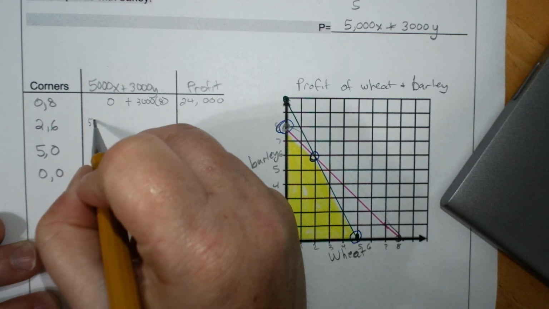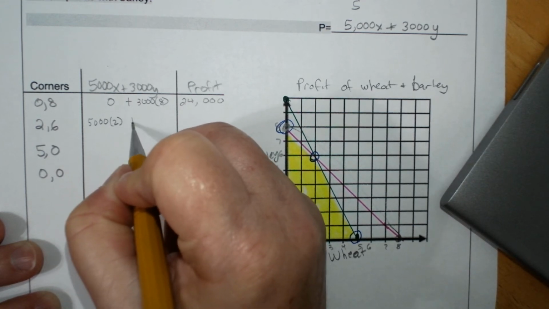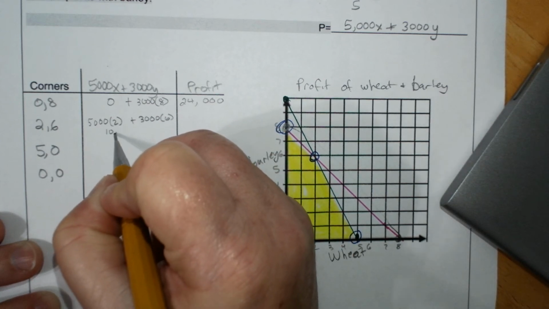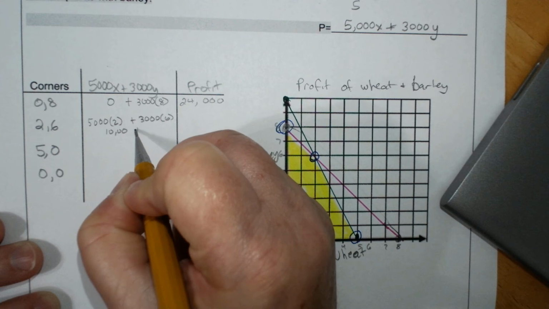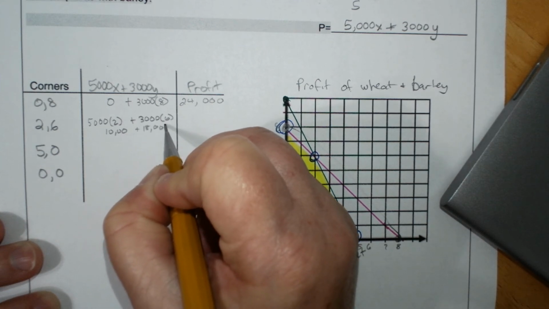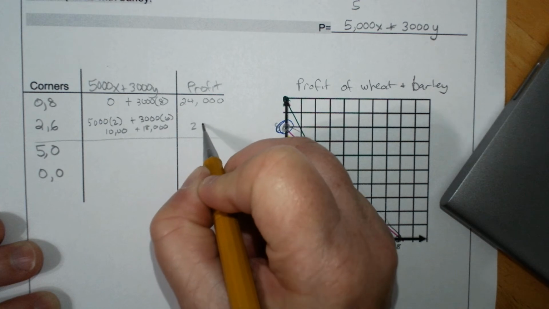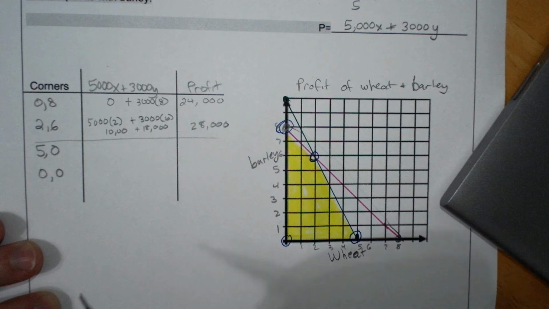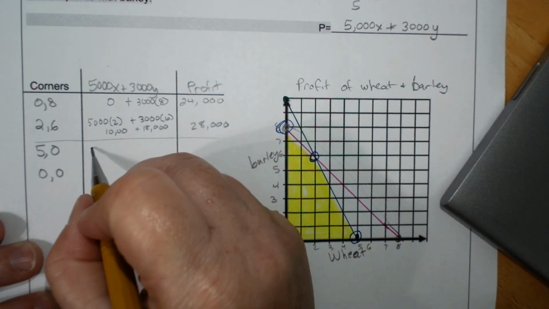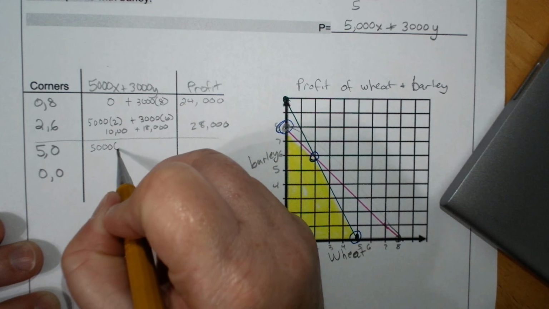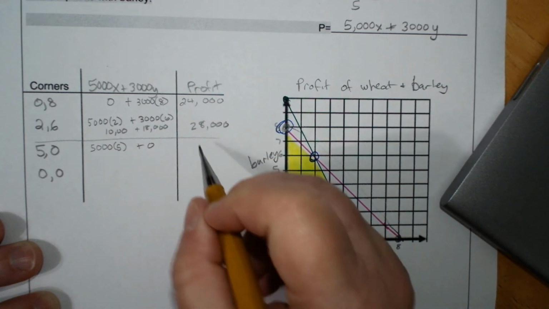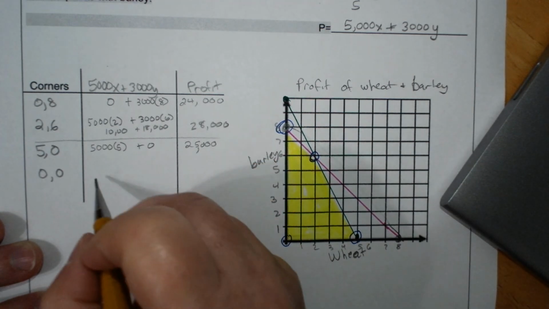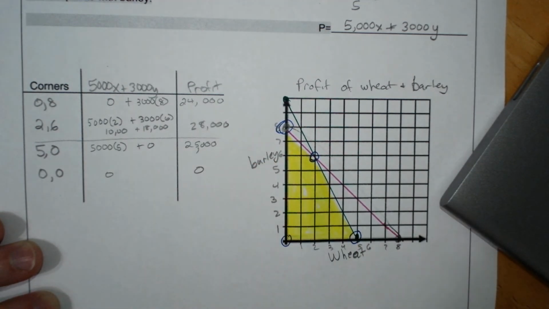I do 5,000 times 2 plus 3,000 times 6, 10,000 plus 18,000 gives me 28,000. $5,000 times 5 plus 0 is 25,000. And 0 is 0.